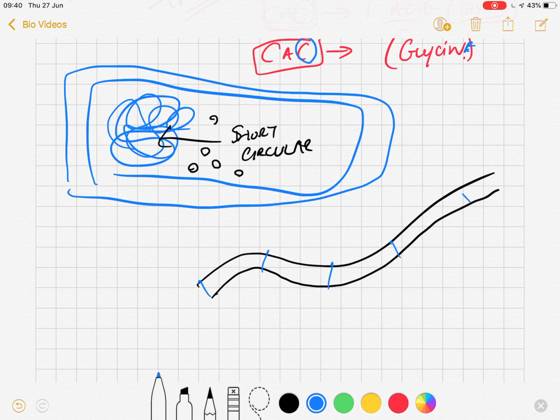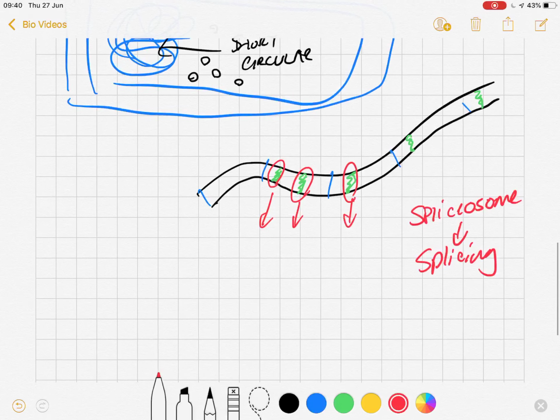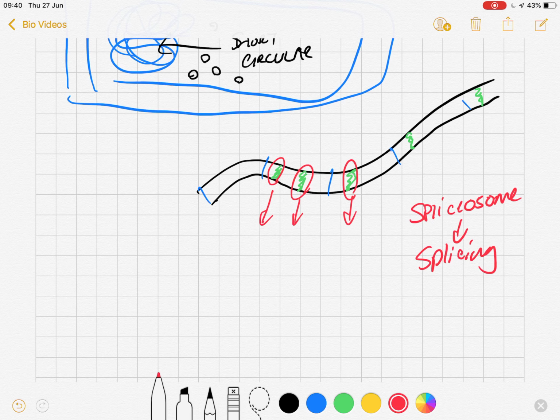There'll be sections within each gene that don't actually code for anything that's going to be used in the protein, i.e. their bases give us sections of DNA that aren't going to be translated into a protein by the ribosome. So what happens is they're removed by a protein complex called a spliceosome. This spliceosome carries out the process of splicing to remove those sections of non-coding DNA, which we call introns.